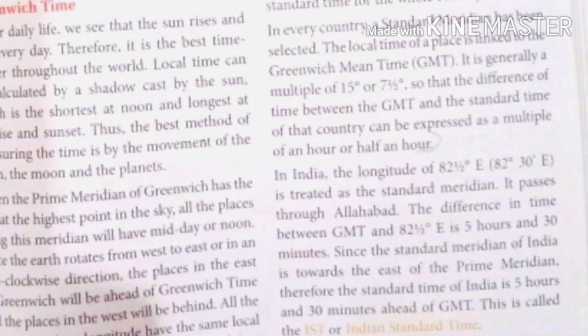Since the standard meridian of India is towards the east of the prime meridian, therefore whatever the time of Greenwich mean time, the time of India is 5 hours and 30 minutes ahead of GMT.